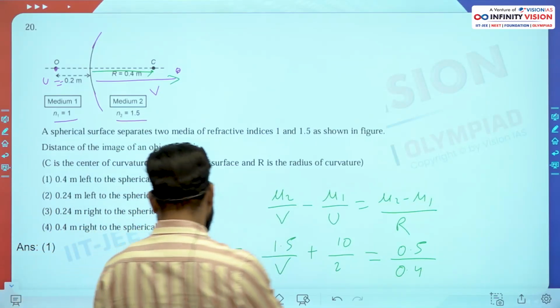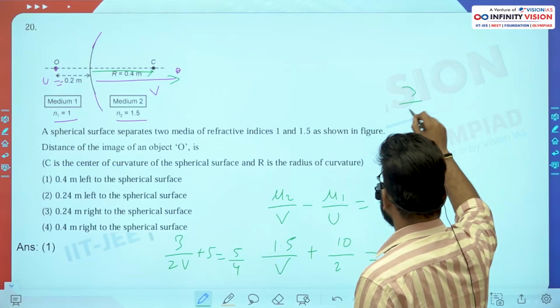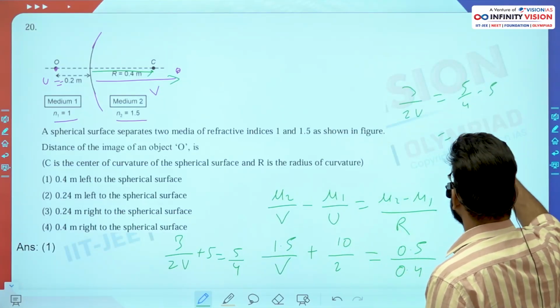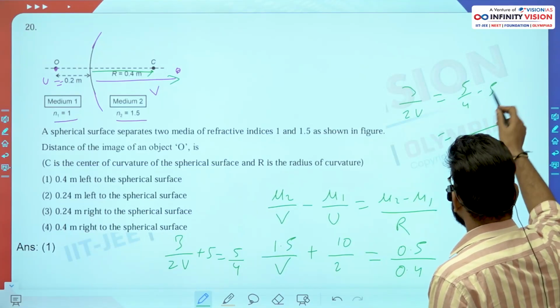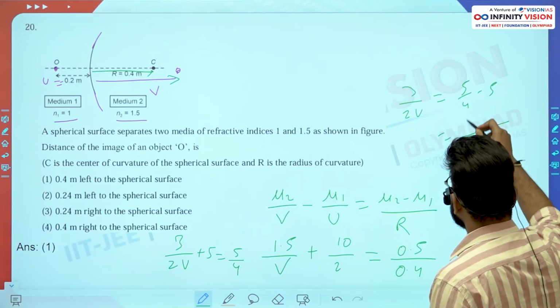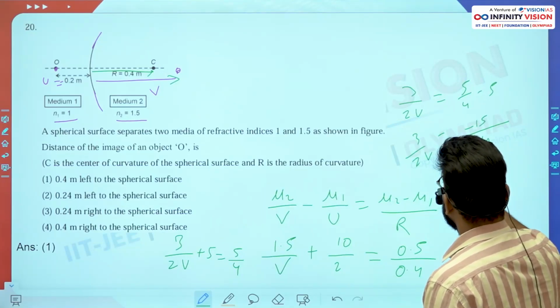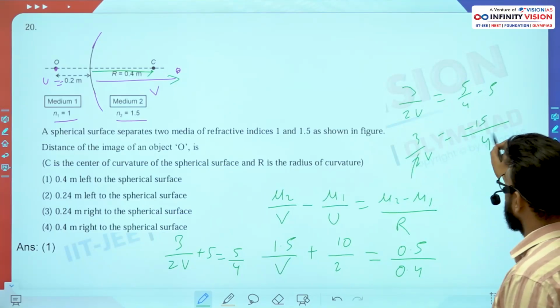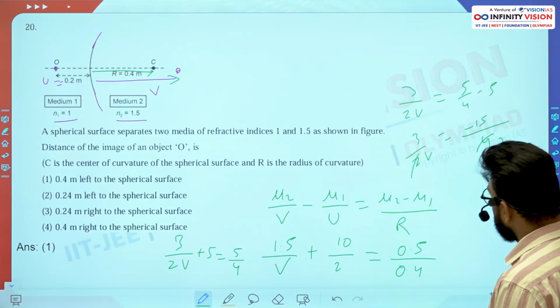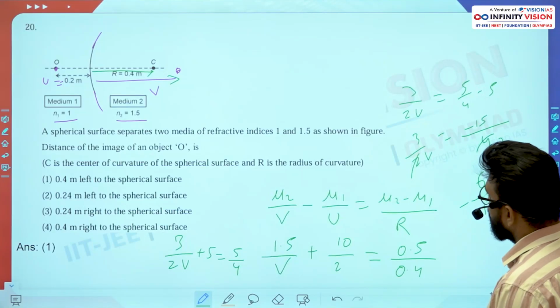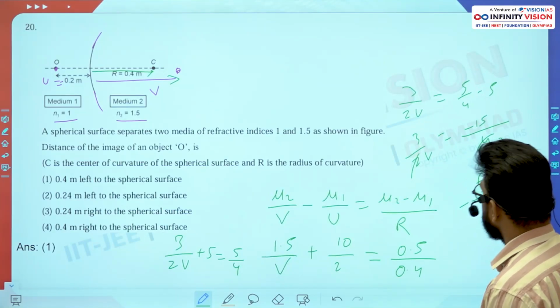So 3 by 2v is nothing but 5 by 4 minus 5. This comes out to be (5 minus 20) by 4, so minus 15 by 4, and this is 3 by 2v, so v comes out to be minus 0.4.